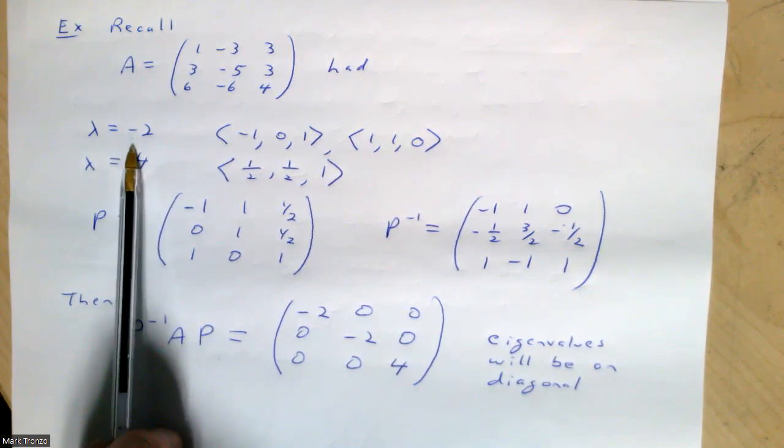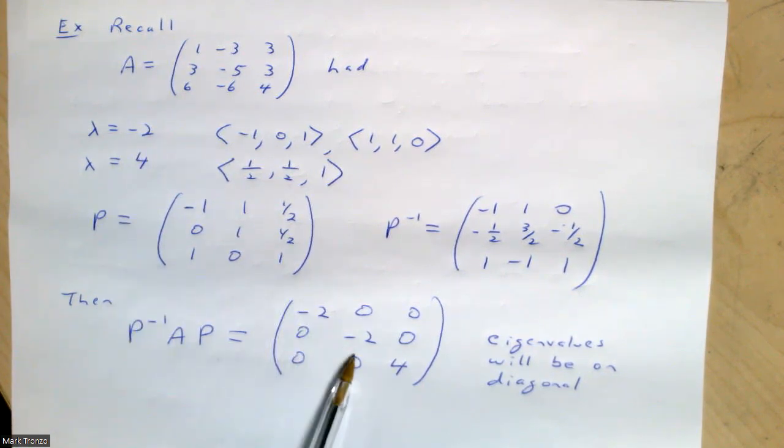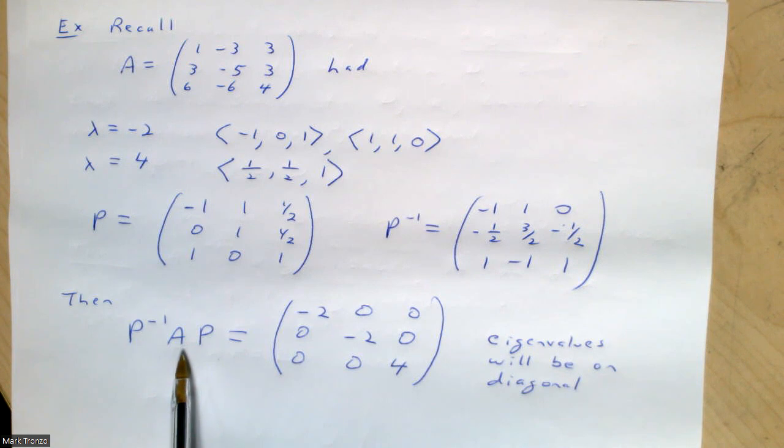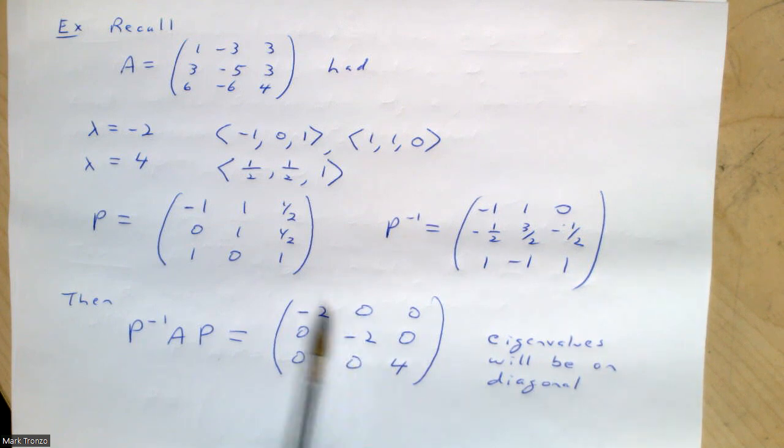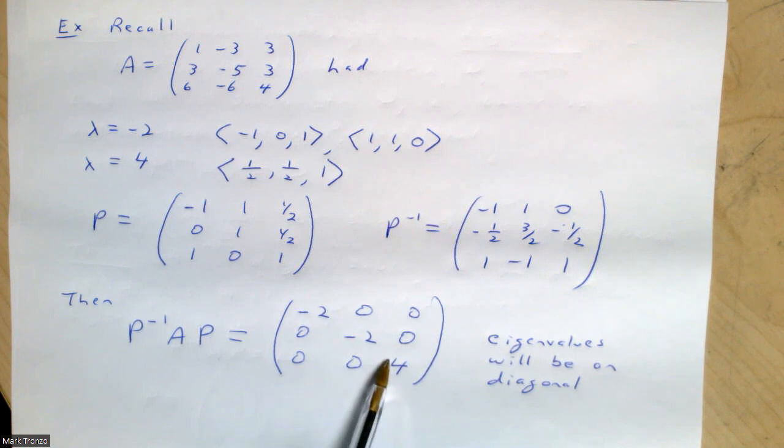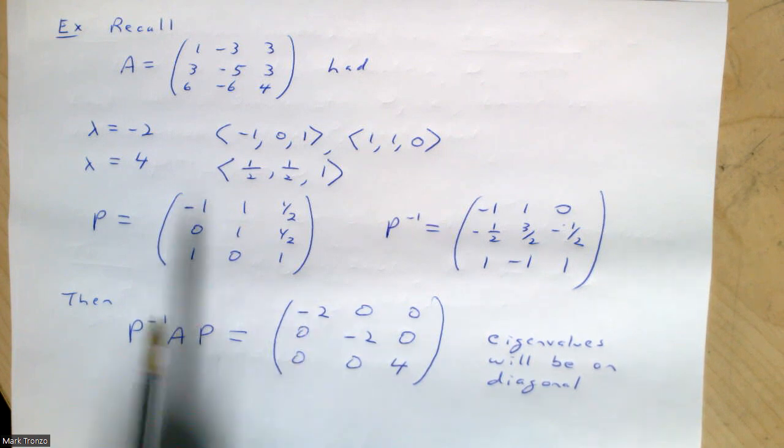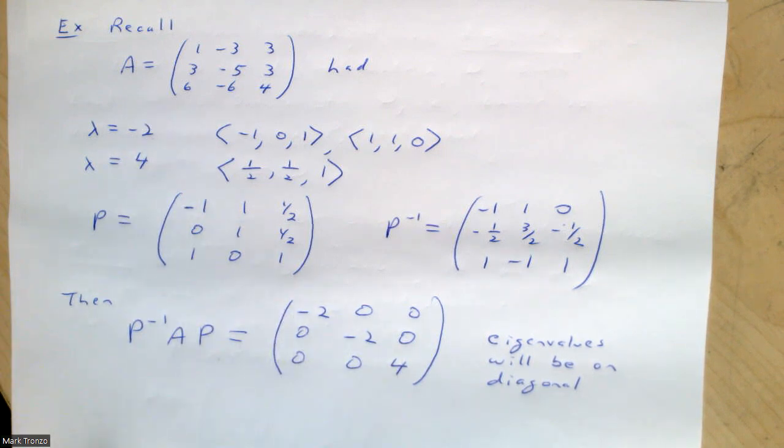Remember, the minus 2 was repeated originally, and so it repeats here. We know that similar matrices have the same eigenvalues, and since this is a diagonal matrix, its eigenvalues are along the diagonal, so the eigenvalues will be the same and they'll be along the diagonal.